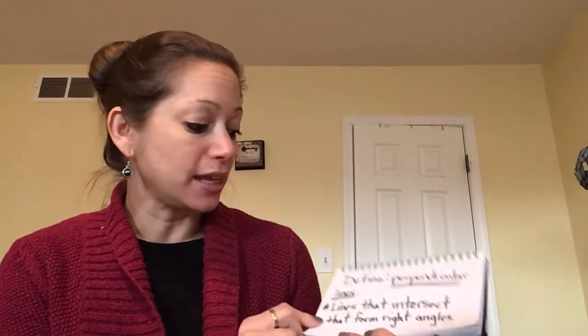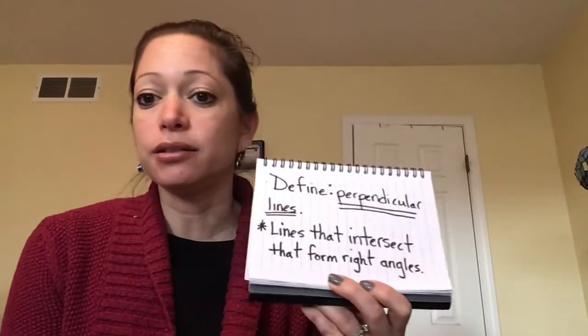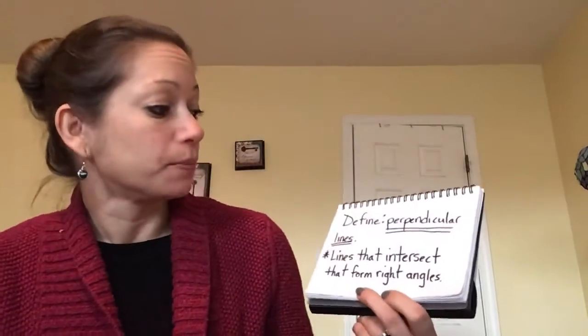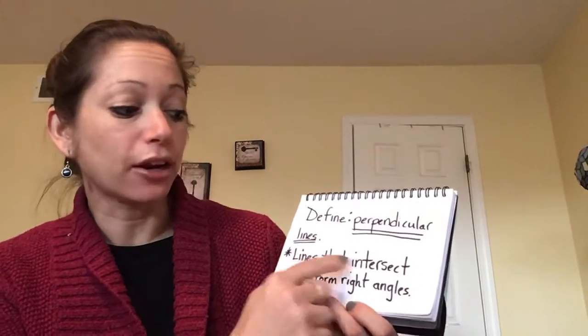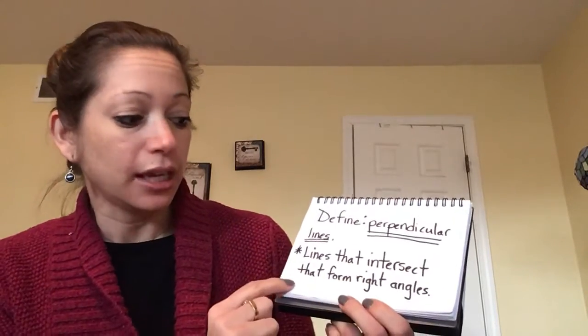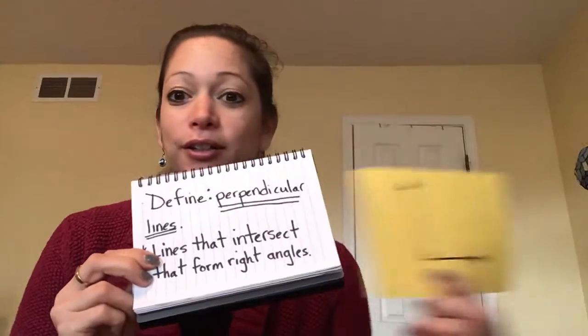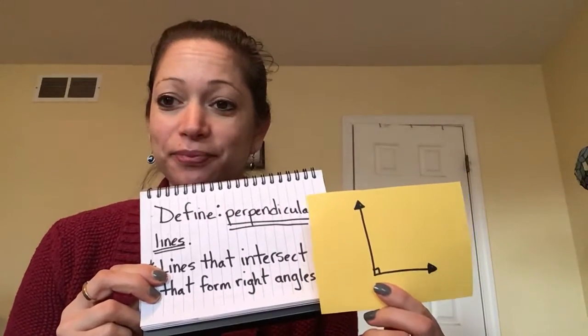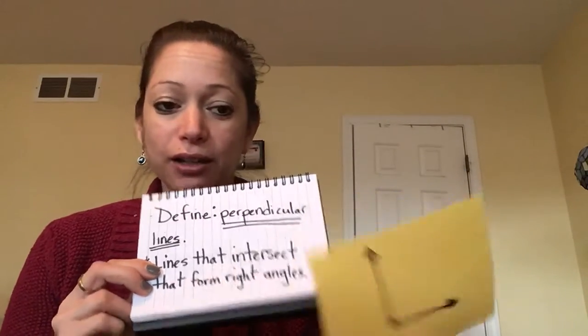So the first thing I want to do is tell you the definition of a perpendicular line, and that is that perpendicular lines are lines that intersect, and they form right angles. Okay, you guys can see that there. I'm going to go ahead and show you that right now.